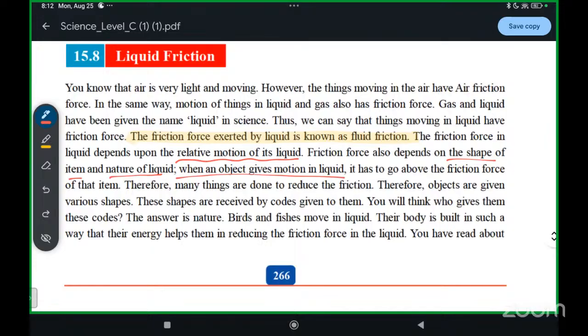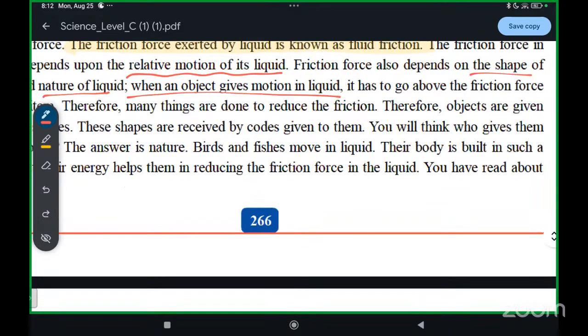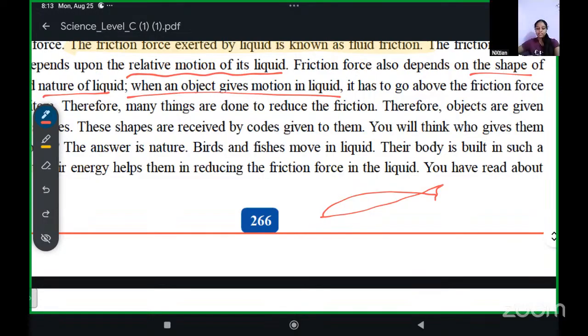Now, therefore, to overcome friction, the objects that are there in the water are given a particular shape. If you observe fish, they have a streamlined body, which helps them to cut through the friction force and move in the water, in the liquid.